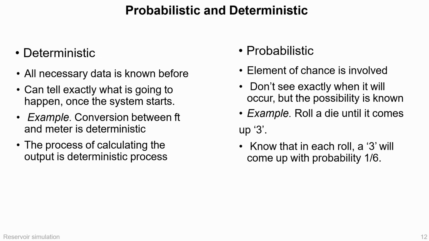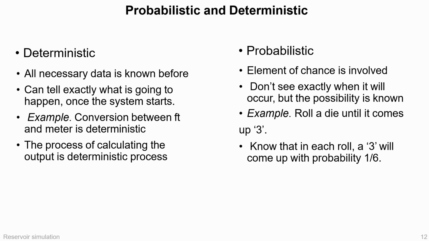This slide contrasts deterministic and probabilistic thinking. A deterministic process has no randomness in its outcome once the inputs are fixed. For example, converting feet to meters is deterministic.